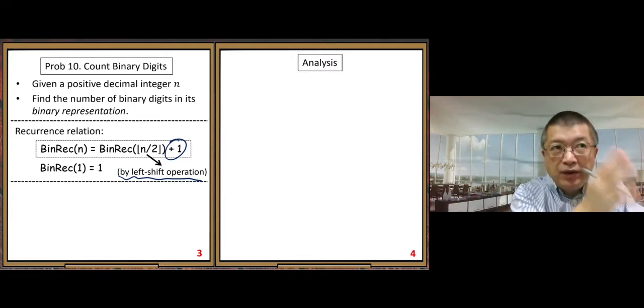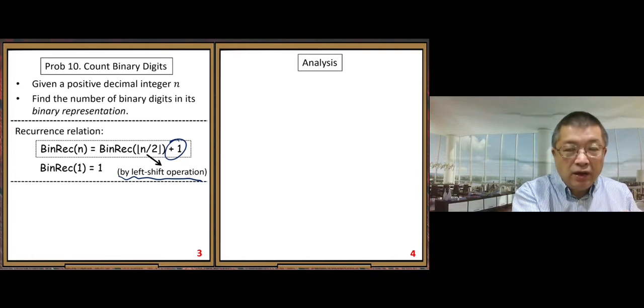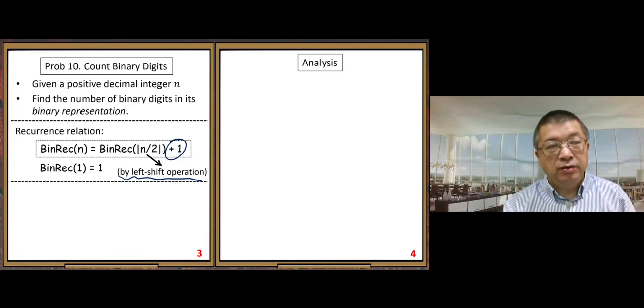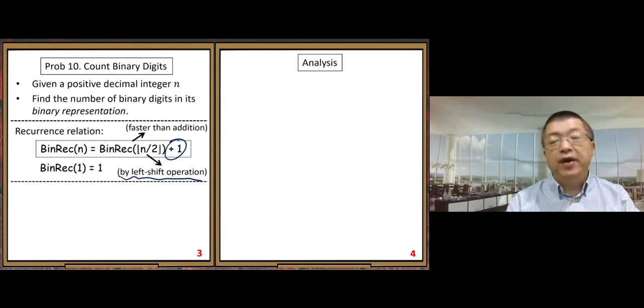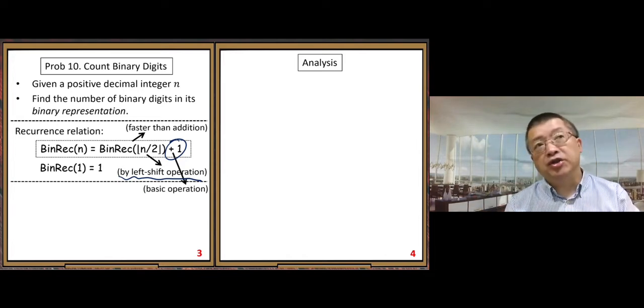That's the division by 2, and you also do the truncation, so you do not include the fractional part. So that's the floor function. That shift operation is very fast. It is faster than addition. But here, we treat addition as the basic operation.